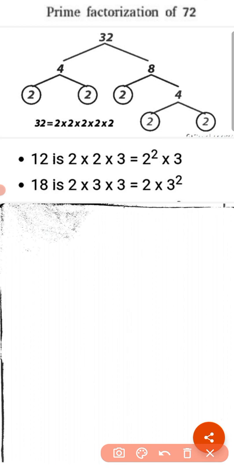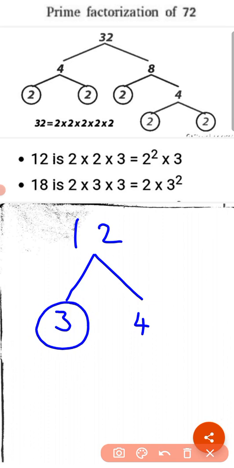Now our next number is 12. 12 can be split into 3 into 4, or you can split as 2 into 6. You can use any factors, children. 3 is a prime number.